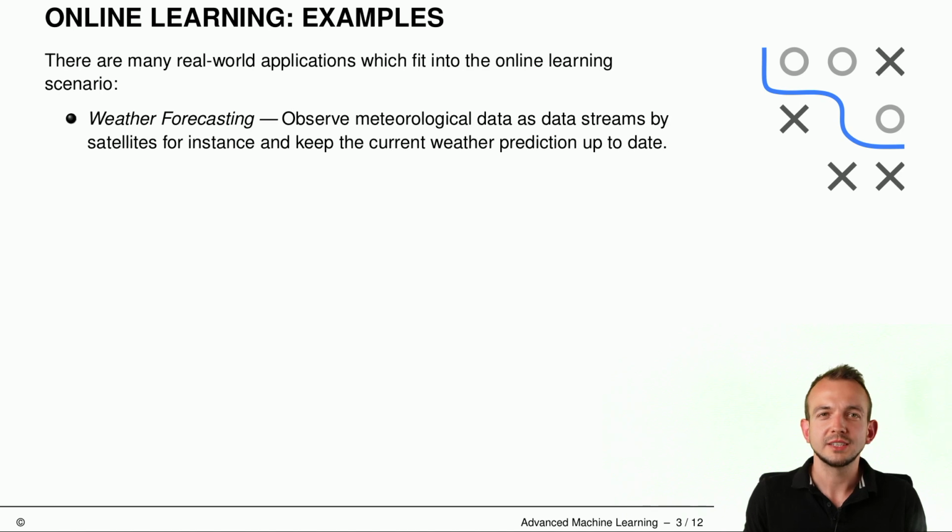To have a couple of examples which fit into these dynamic aspects, let's have a look at the weather forecasting example, when we want to predict the weather at some geographical location, and we have data available in form of a satellite, where the images are only arriving sequentially, and only the recent ones are interesting for making the predictions.